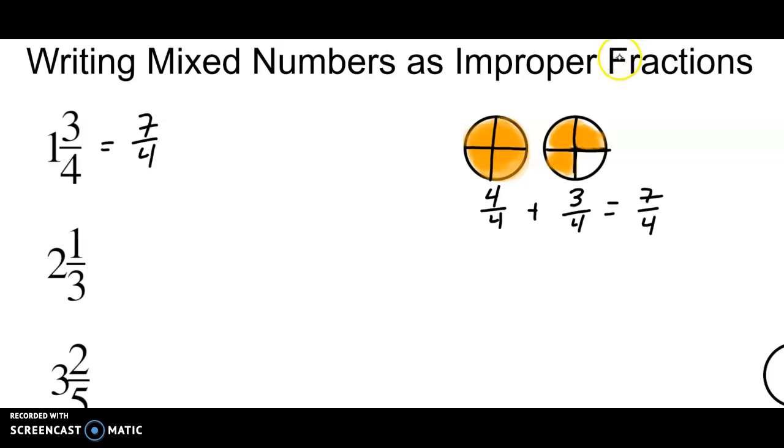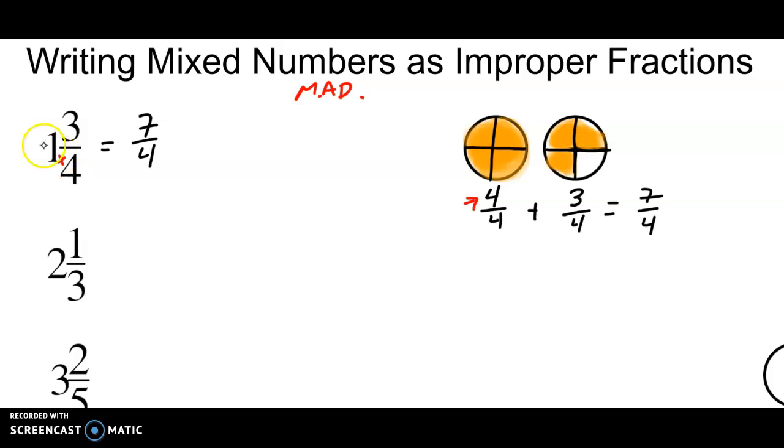Now, you can also do a thing called MAD, M-A-D. Multiply, add over the denominator. Watch. You're going to multiply the 4 times the 1, because that whole times 4 gives me that 4 right there. 1 times 4 is 4.